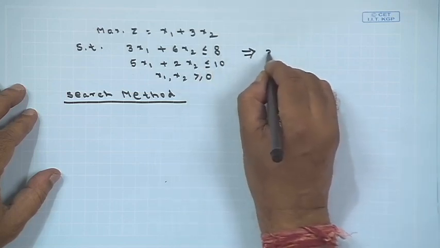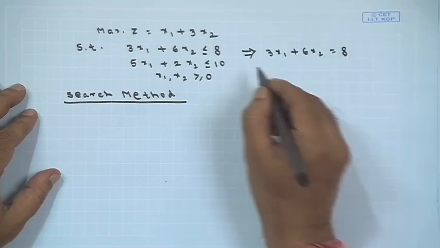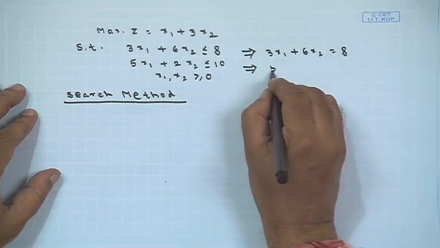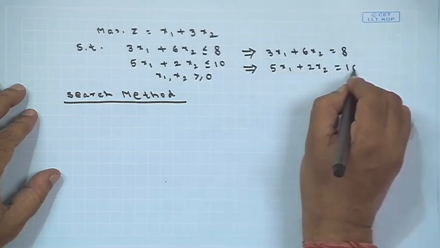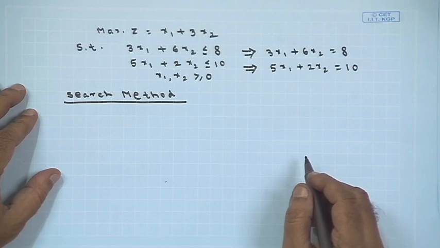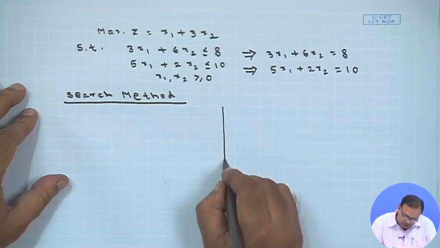We will write it as 3x1 plus 6x2 equals 8, and the second one will be 5x1 plus 2x2 equals 10. Now there are two lines and these two lines we can draw very easily.